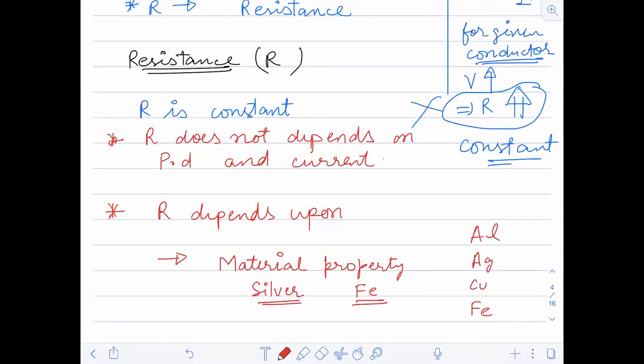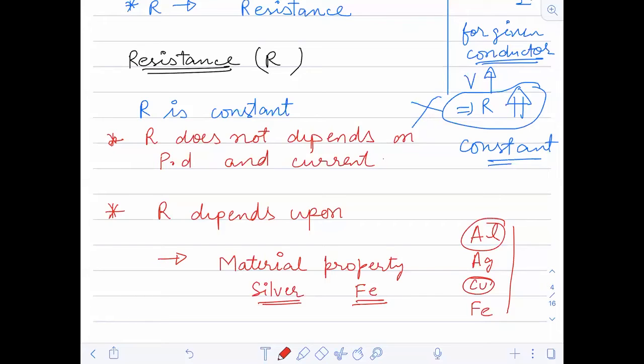Out of all four options, which is the best conductor of electricity? Silver. Silver is the best conductor of electricity. Copper is also a very good conductor. Then comes aluminum. This is also a better conductor.